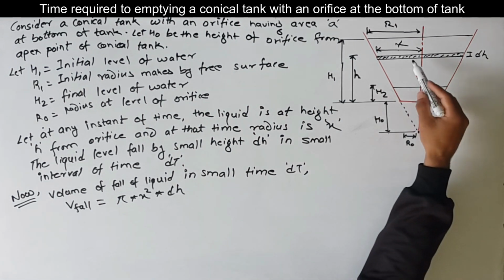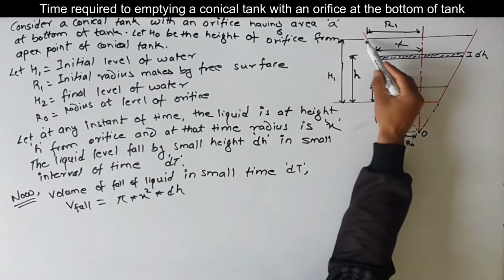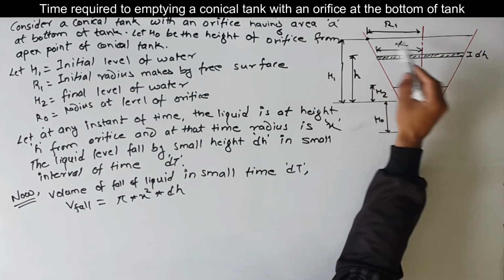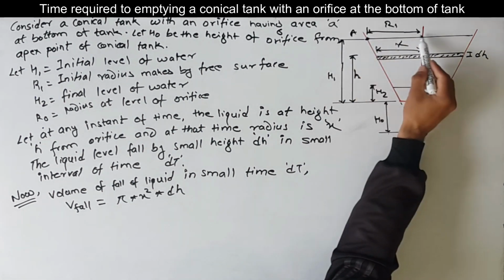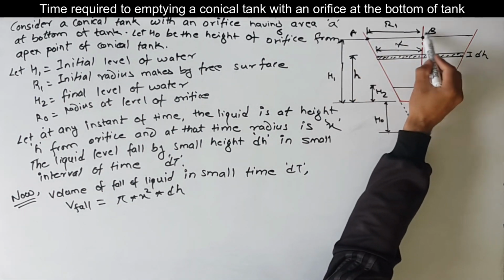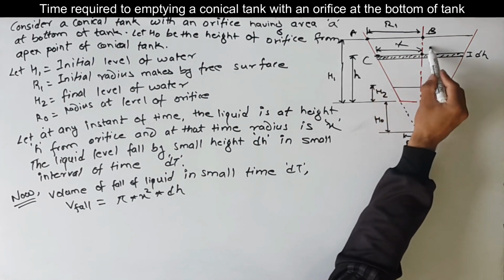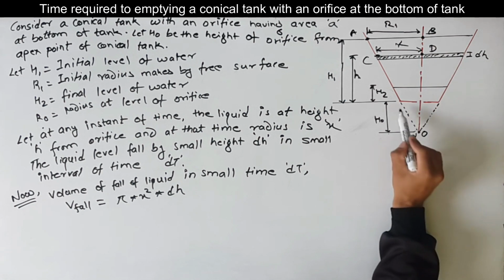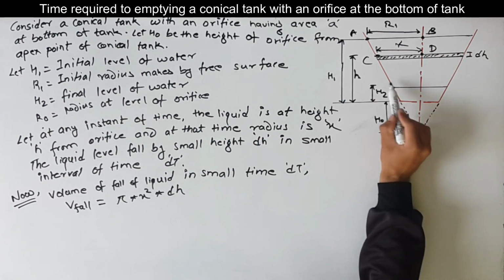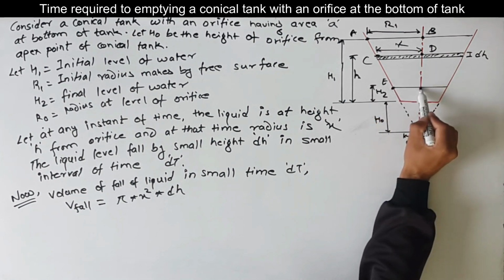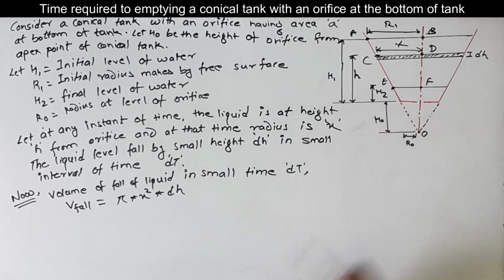So let us give names to the points. This point be A, this point B, this point C, this point D, this point E, and this point F.